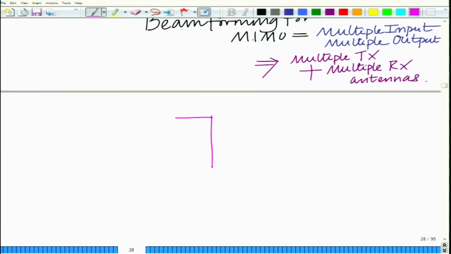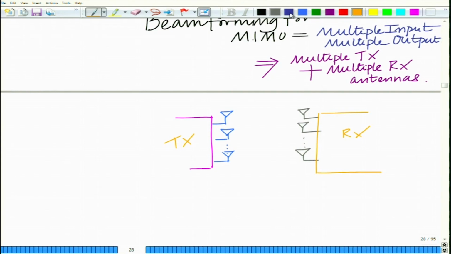Let us say this is your transmitter, you have multiple transmit antennas, and at the same time you have multiple receive antennas. Now, these need not be equal. This is your transmitter, this is your receiver, and you have the different possible paths, or links, between them.